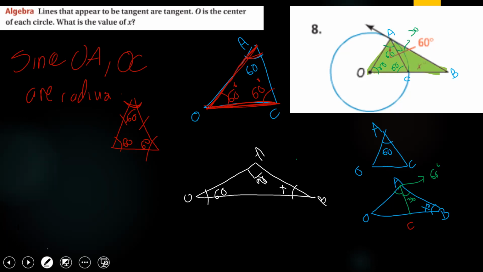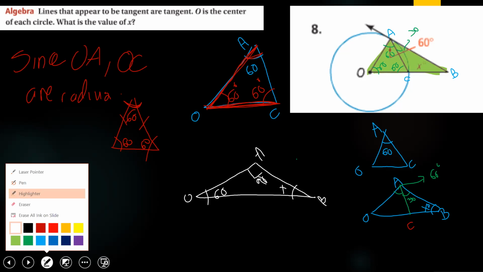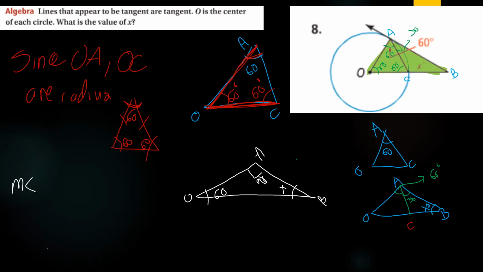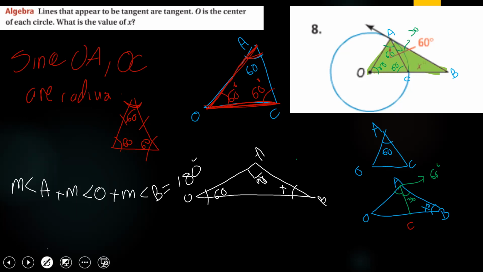I need to find angle X. How? By using the summation of the angles in a triangle: the measurement of angle A plus angle O plus angle B is 180.